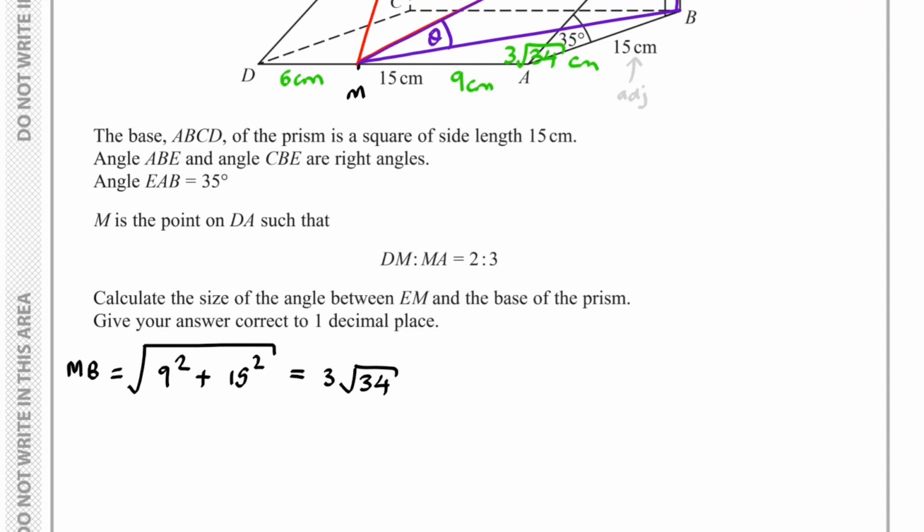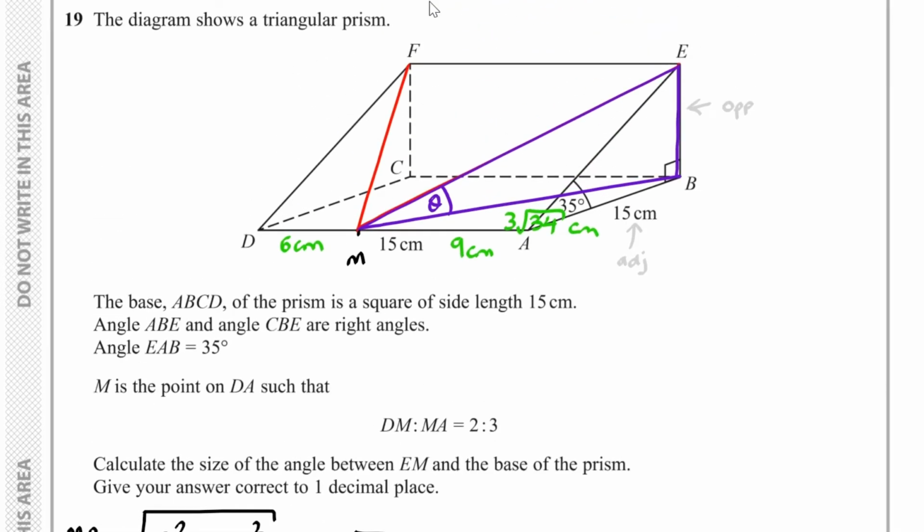So here we have the tan of 35 degrees, which is equal to the opposite EB over the adjacent 15. So therefore EB is equal to 15 times the tan of 35. So let's add this into the diagram. Here we have 15 tan 35.